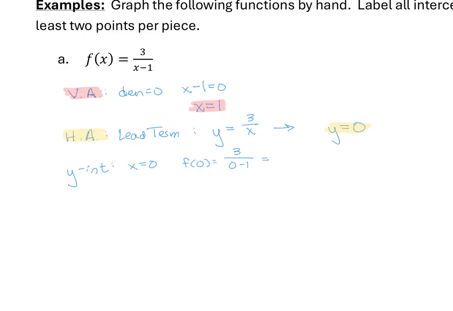If we simplify this, we get negative 3. We do want our y-intercept in point form. And so this is going to be when x is 0, y is negative 3. All right, and finally we have x-intercepts.